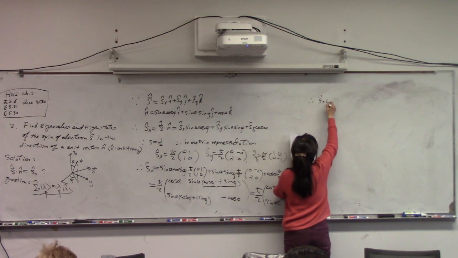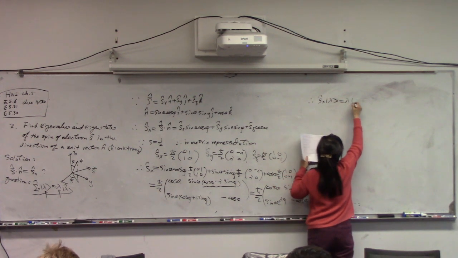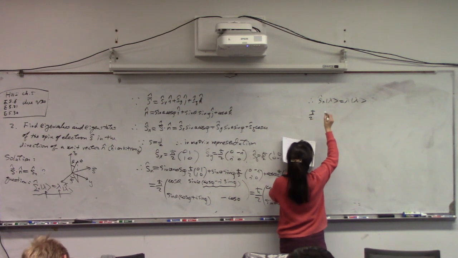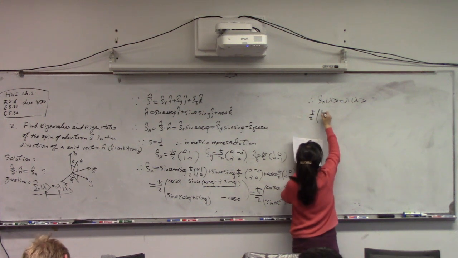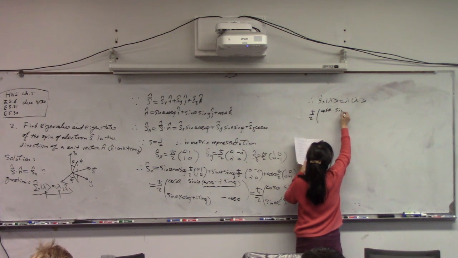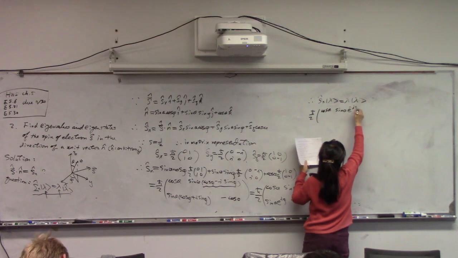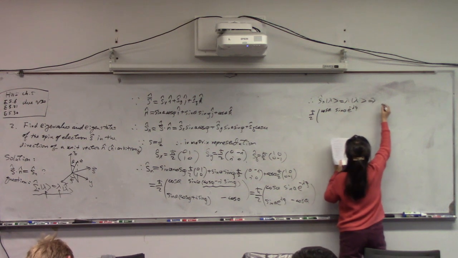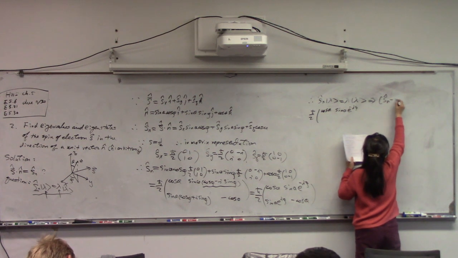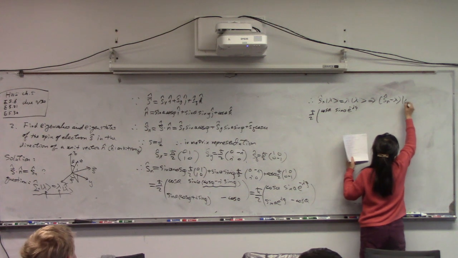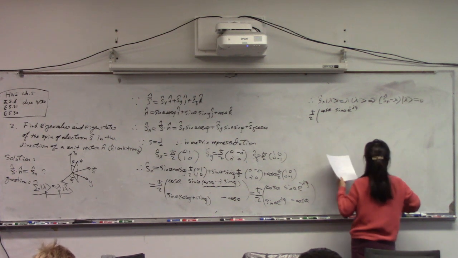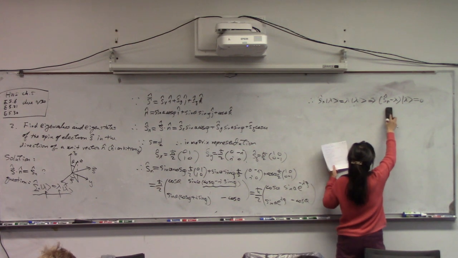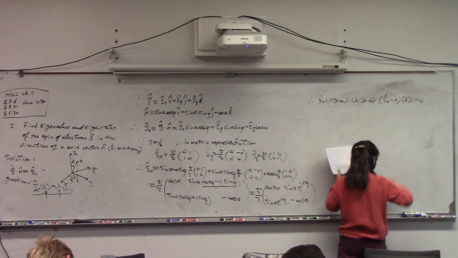so Sn acting on the state gives lambda times the state. This becomes the matrix with cosine theta, sine theta. Now even though I use the hat, that is a matrix.